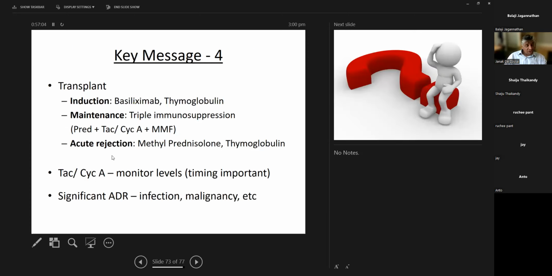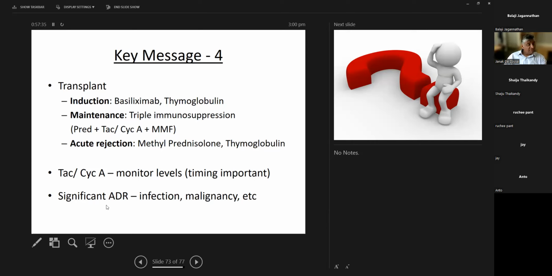So my key message to you, number 4, is that for transplantation, we'll use an induction agent, typically basiliximab, and maintenance therapy with prednisone, mycophenolate, and a calcineurin inhibitor. And if there's vascular rejection, we'll treat with methylprednisolone plus or minus thymoglobulin. The calcineurin inhibitors, cyclosporin and TAC, we tend to monitor levels, whereas prednisone and mycophenolate, we just tend to treat based on protocol.